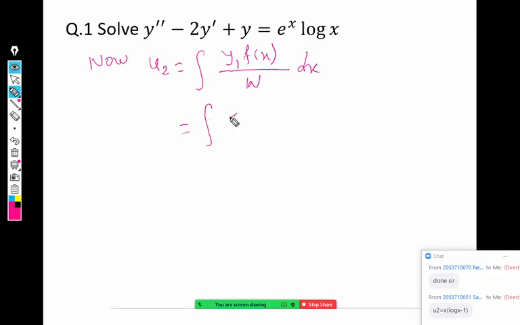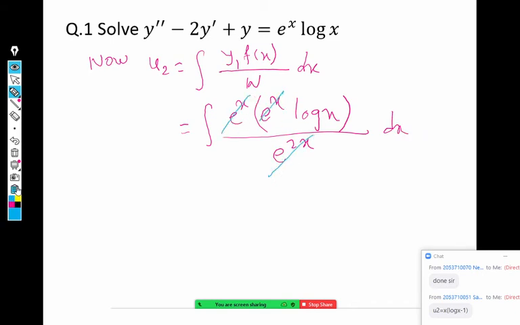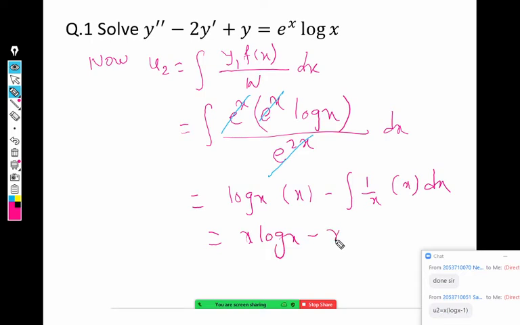So y1 is just e raised to x, fx is e raised to x log x, upon e raised to 2x, and we already observed that e raised to 2x gets cancelled everywhere, and integration of log x you should know the formula. Again, you can otherwise use by parts. Log x should be u and 1 should be v. So first is log x, first into integration of second, minus integration of derivative of first into integration of second. So I used by parts here, and we got x log x minus x.